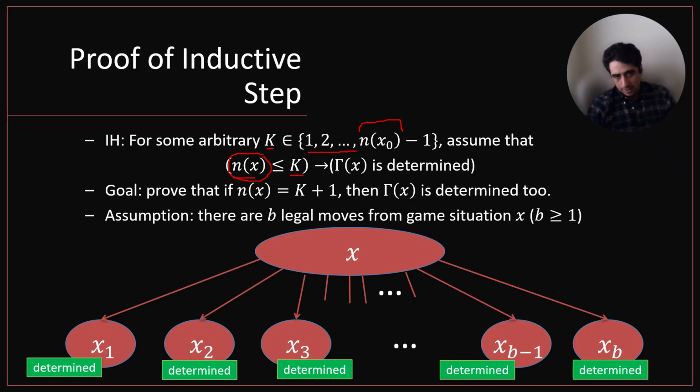That means we will have either a winning strategy for white, or a winning strategy for black, or strategies guaranteeing a draw for both sides of the game.